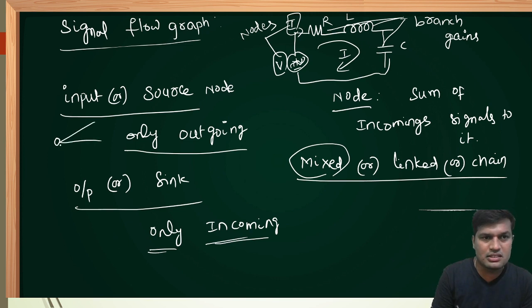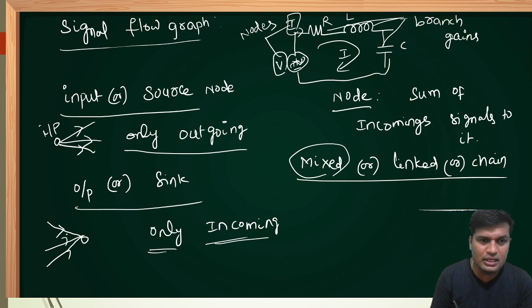In this case, there are three branches, and all three are moving away from this node, which means they are all outgoing. Hence it is called an input node. A node which has all incoming branches is an output node. A node with only outgoing branches is an input node, and a node with only incoming branches is an output node. In this case, all branches are incoming to this node.